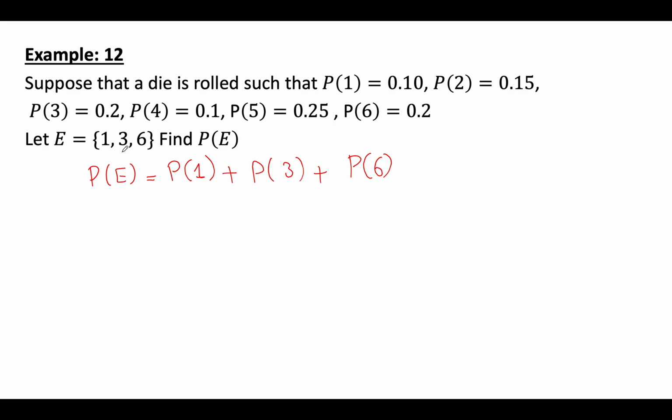So the probability of 1 is 0.10. P3 is equal to 0.2. P6 is 0.2. So the probability of E is equal to 0.5, which is half of my sample space.